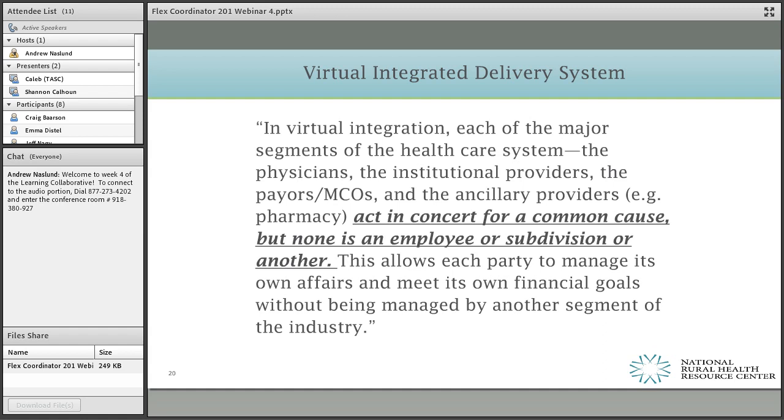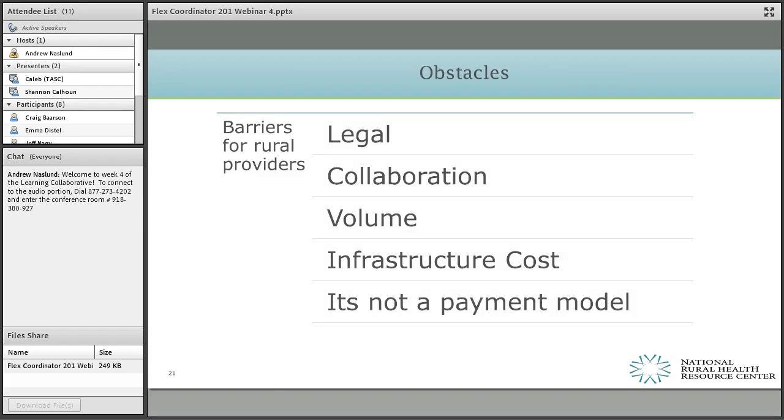They don't necessarily, in collaboration, share the same patients, but they share the same barriers and they share the same methodologies for delivery. So in that way, they look like a horizontal virtual integrated delivery system.